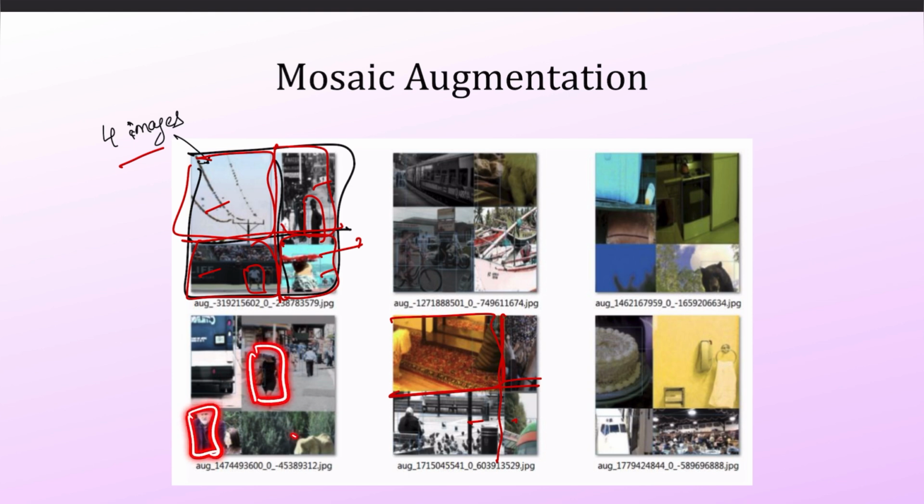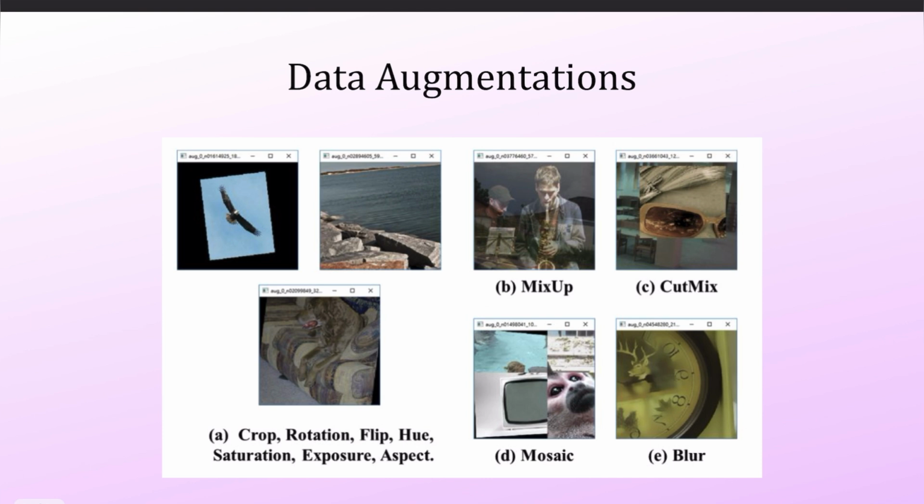So the bounding boxes will be automatically adjusted and kept like this in the final image. Okay, so this is mosaic augmentation. This is the final list of augmentations YOLO-V4 has used. So the common flipping, rotation, cropping, all these are there. Along with that, Mixup, Cutmix and Mosaic are the major augmentations it has used.